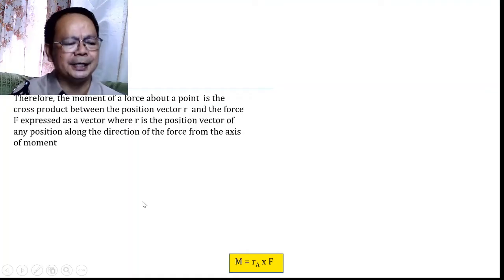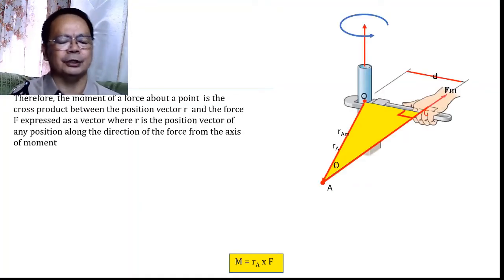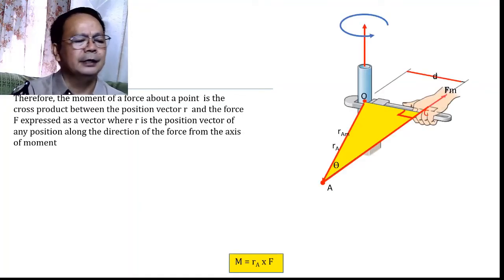So to explain it, let us go back to this illustration. When we say position vector, it could be any point along the direction of the F sub m.